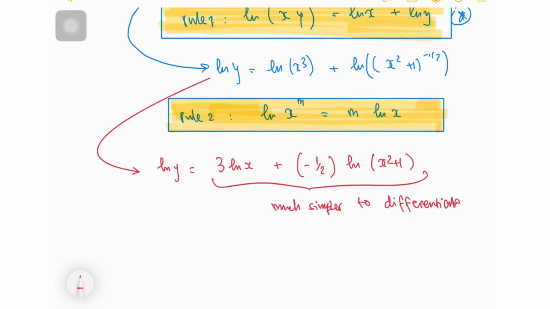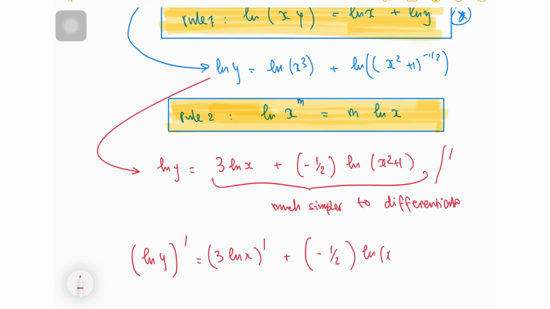Now we can differentiate both sides, and we have ln y prime equals 3 ln x prime plus minus 1/2 ln of x squared plus 1 prime.